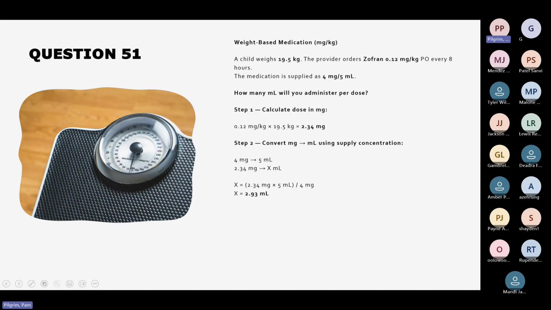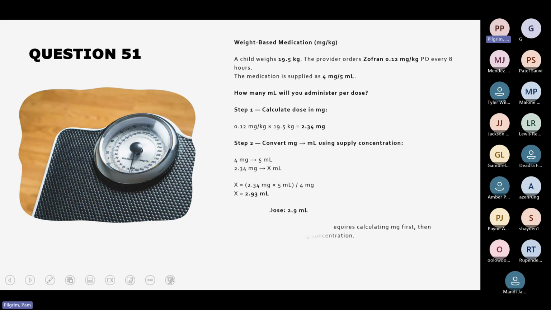So you have 4 milligrams per 5 mLs. You want to solve for 2.34 milligrams per X mLs. So you have to take that 2.34 milligrams, multiply that by the 5 mLs. And the answer to this is 2.93 milliliters.